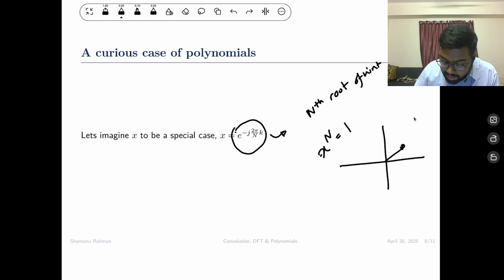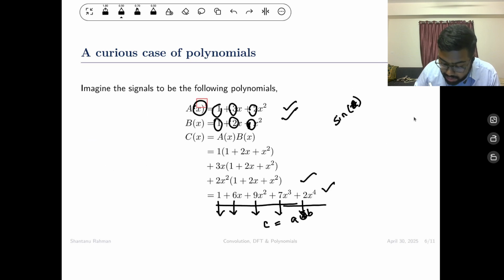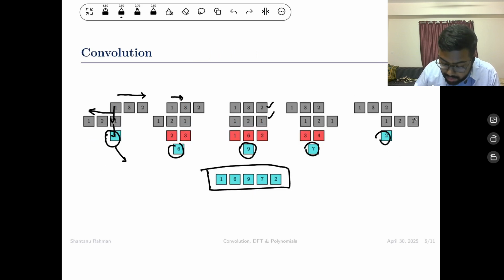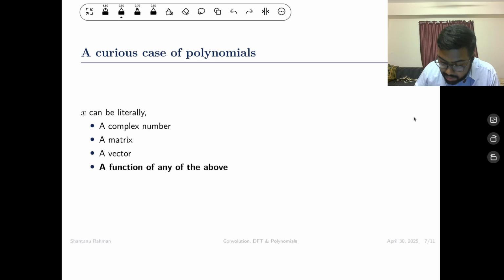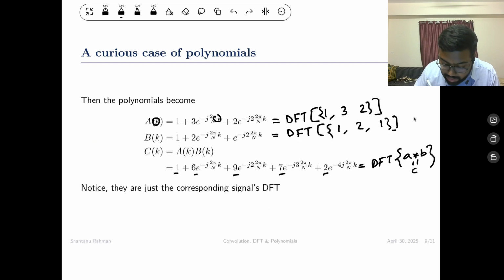So we calculated our C to be this 1, 6, 9, 7, 2, and if we do a discrete Fourier transform, it will indeed be 1, 6, 9, 7, 2 with the roots of unity squared here, and the power of 3 and power of 4.